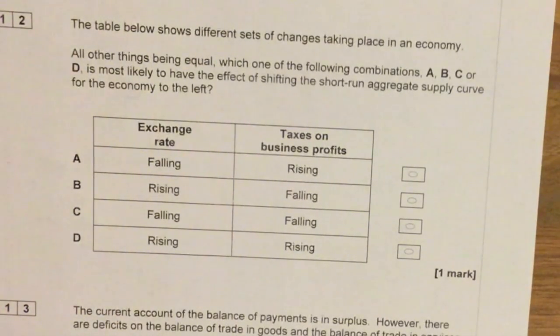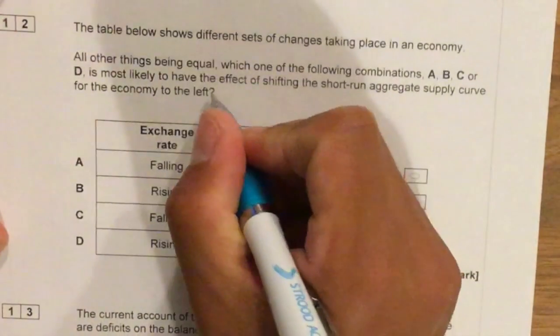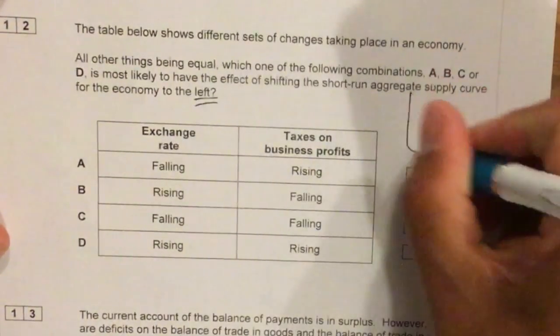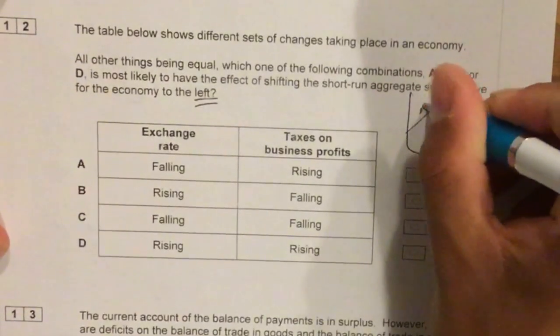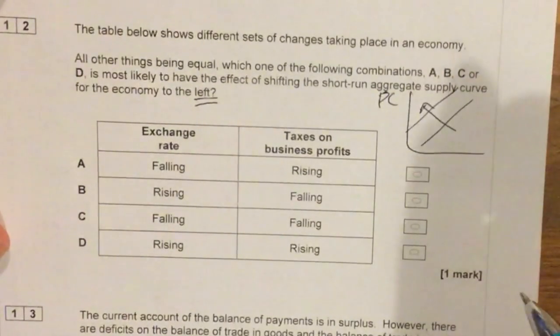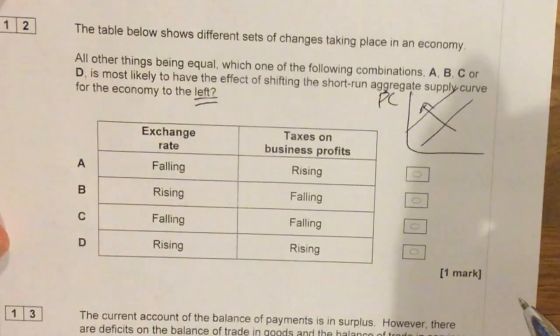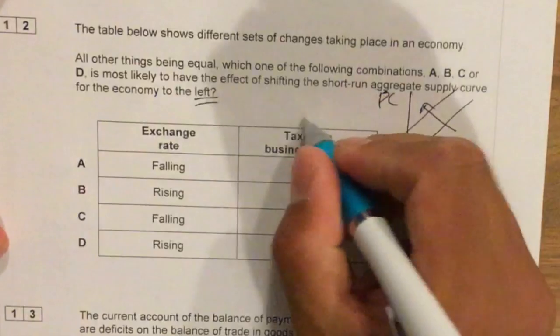The table below shows different sets of changes taking place in an economy. All other things being equal, which one of the following combinations, A, B, C or D, is most likely to have the effect of shifting SRAS to the left? So we're thinking of something that's going to make that happen. Okay. Exchange rates and taxes on business profits. Okay, let's take the easier one first, which is taxes.